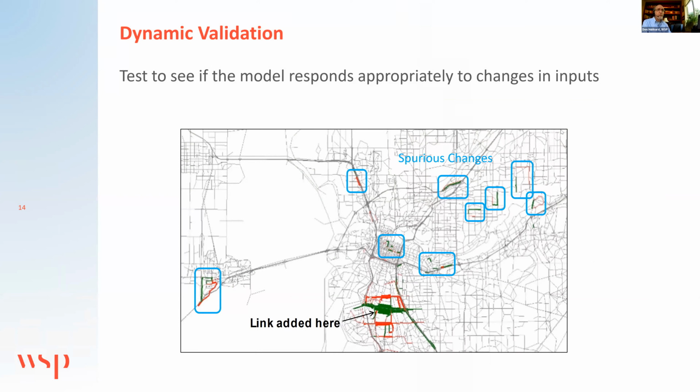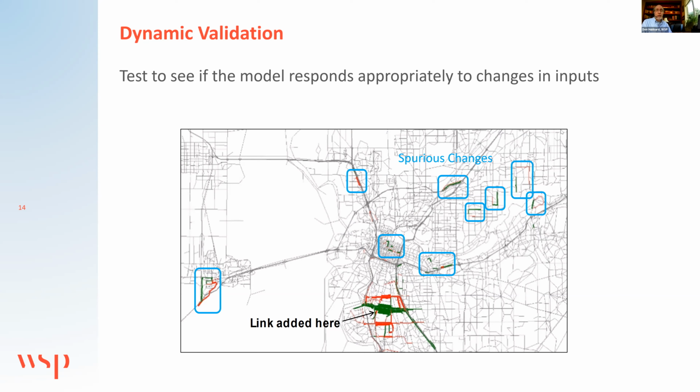So that's all the static validation calibration. Next, we did do some dynamic validation tests. We ran a large series of those. Not going to go into most of them. Just want to point out this particular test where we added a link to the surface road network in South Sacramento just to see if the model would respond properly.